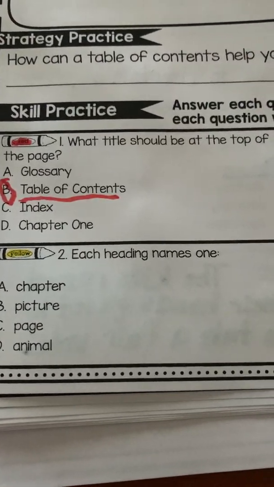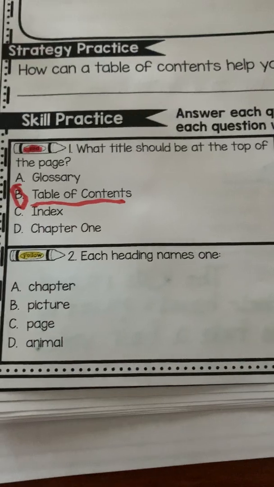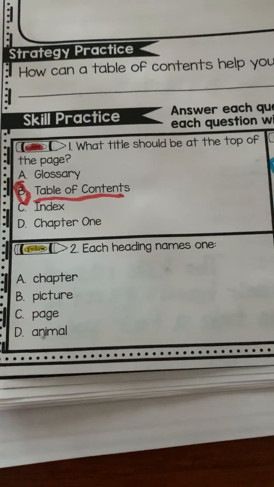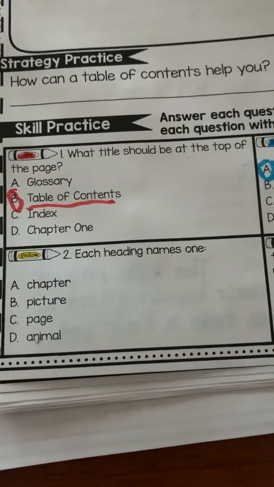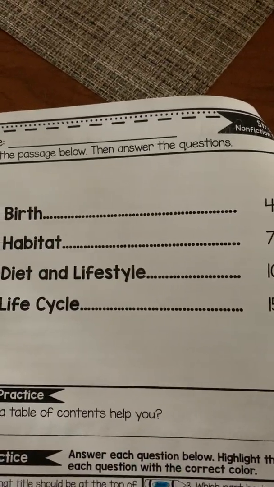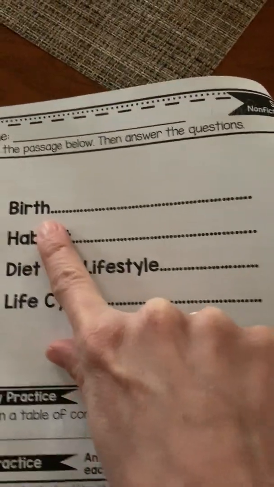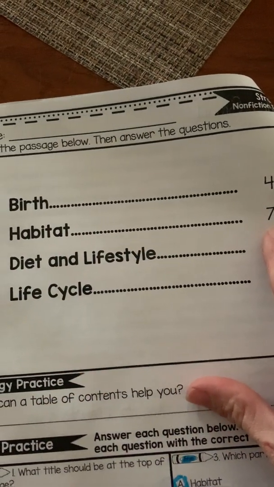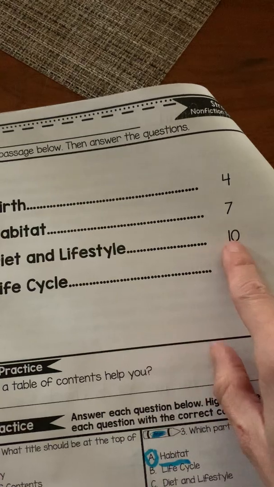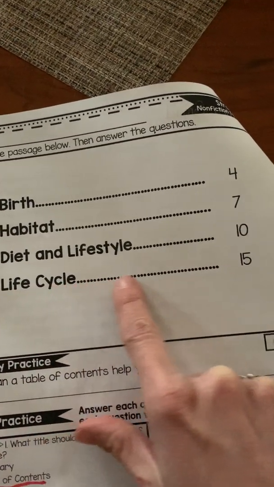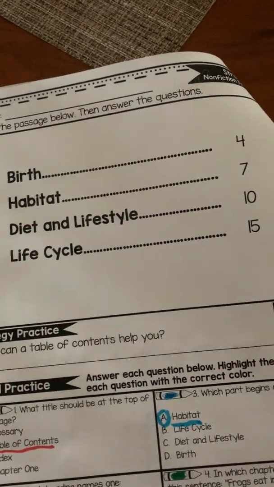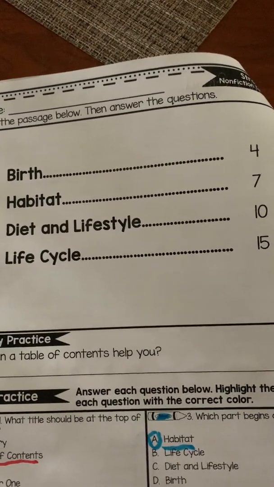Each heading names one blank. Is it each heading names a chapter? Each heading names a picture? Each heading names a page or an animal? So if I go up here, what would you call each of these headings? Birth, that can be found on page 4. Habitat, on page 7. Diet and lifestyles, on page 10. And life cycles, found on page 15. Is that a chapter? A picture? A page?